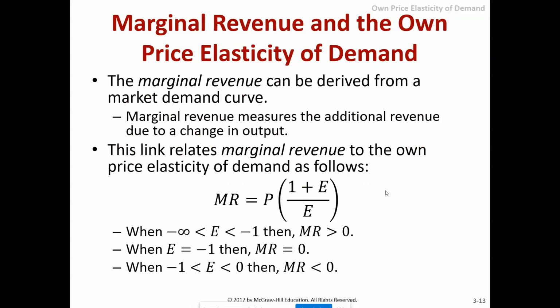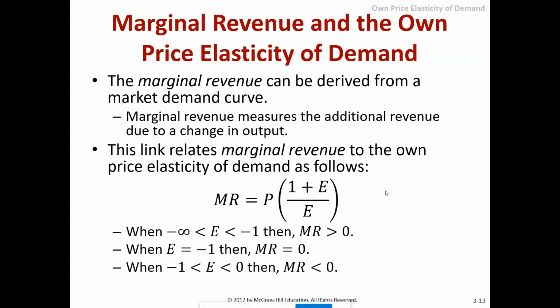And here I want to introduce the formula of the relationship between marginal revenue and elasticity. Remember, marginal revenue can be derived from a market demand curve. Marginal revenue measures the extra revenue generated by one more unit of product.